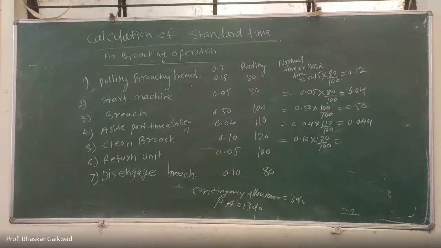Calculate for the fifth reading the normal or basic times. Normal or basic times. This is the 0.112.